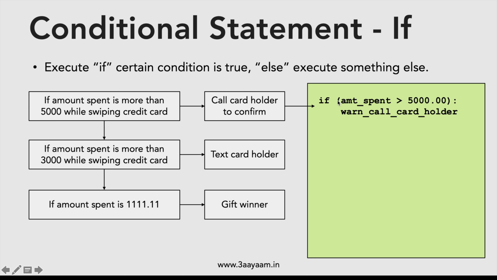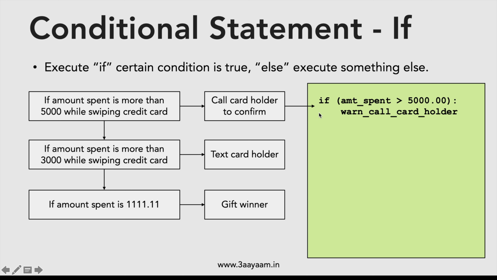After the if statement, we have to use a bracket. This is the variable, and we are using the operator greater than. I've already told you about operators. We have greater than, equal to, less than, equal to, not equal to, etc. Then I'm closing the bracket, and after that I have a colon. So this is how the if statement is.